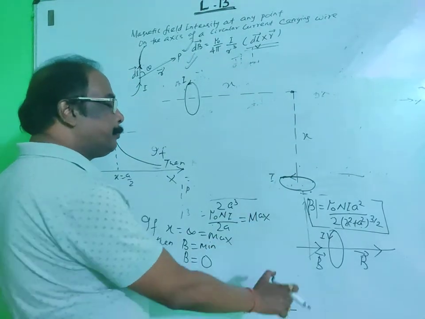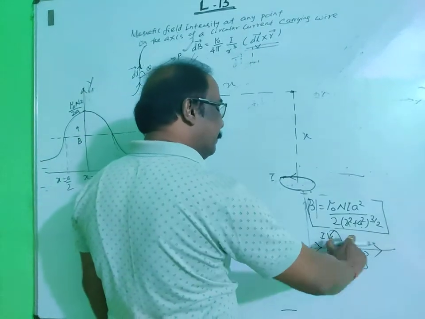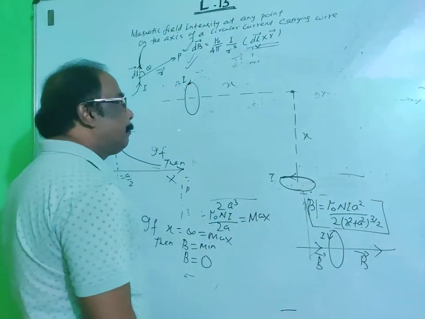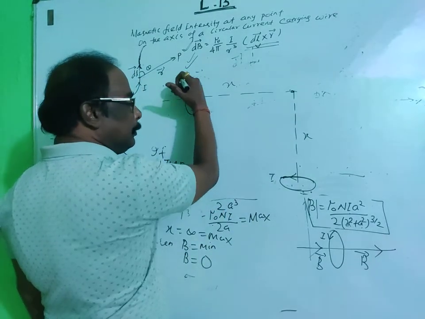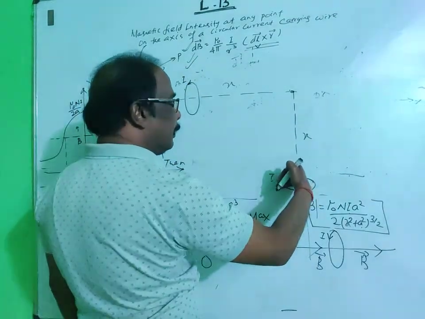We know the direction of magnetic field is perpendicular to the plane of the coil. Here the current is in anticlockwise order, and this is also anticlockwise order.